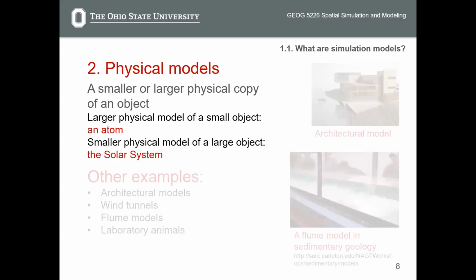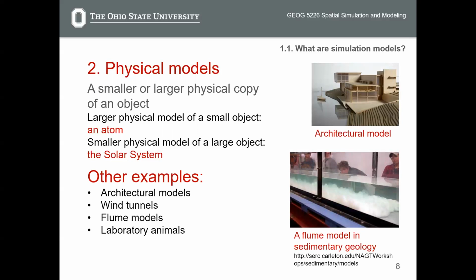And there are all other models, for example, architectural models like this. Usually, architects need to design and implement these models before they can actually create the building in the real world, right?